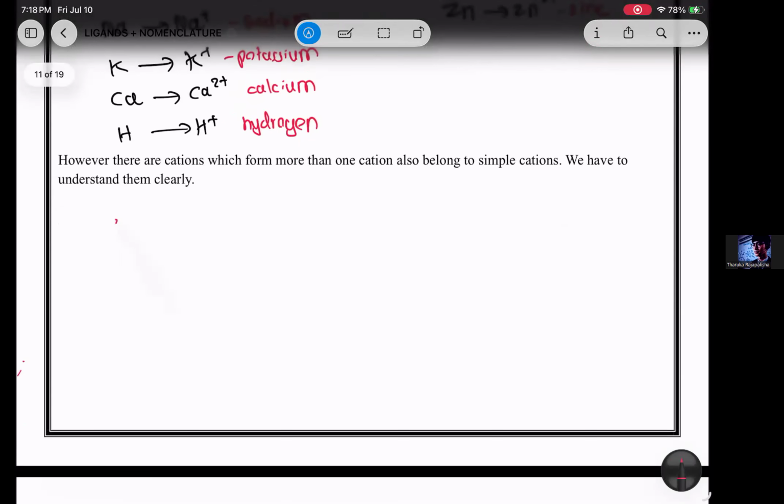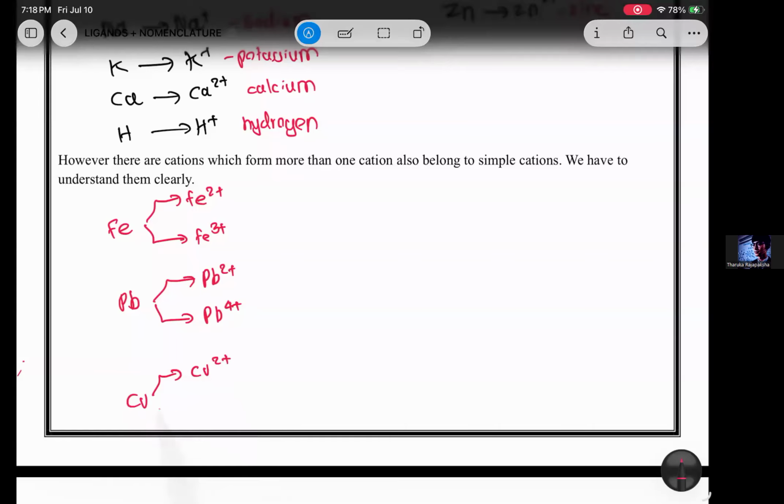For example, Fe forms Fe2 plus, Fe3 plus. Lead forms lead 2 plus and lead 4 plus. And copper forms copper 2 plus and copper plus. I will write copper plus on top and copper 2 plus on the bottom.